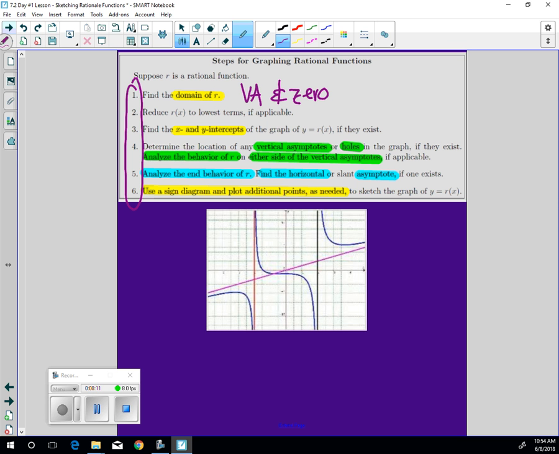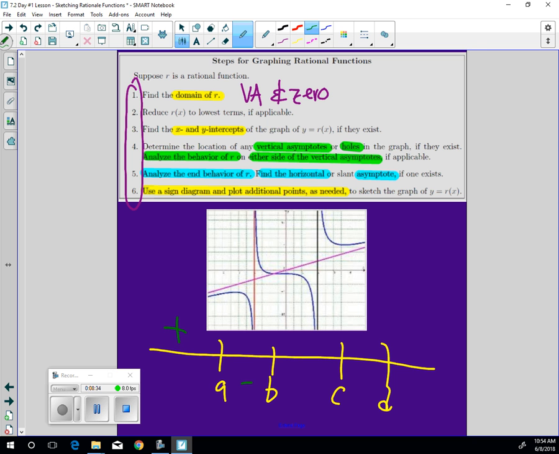Then find x, y intercepts, which are the zeros on the x and y axis, and then do that line. I would just draw a number line and put those zeros in, A, B, C, D, or how many there are, and then look at the plus and minus.